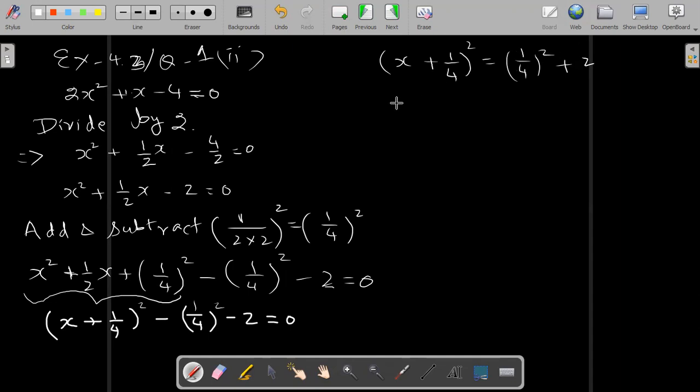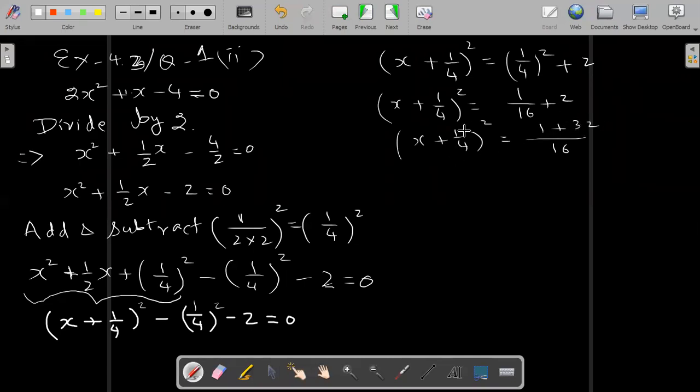And solve the right hand side. x plus 1 by 4 whole square is equal to 1 by 16 plus 2. LCM is 16, and 1 plus 32 is 33.